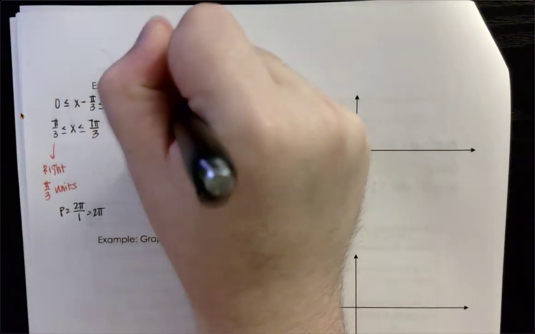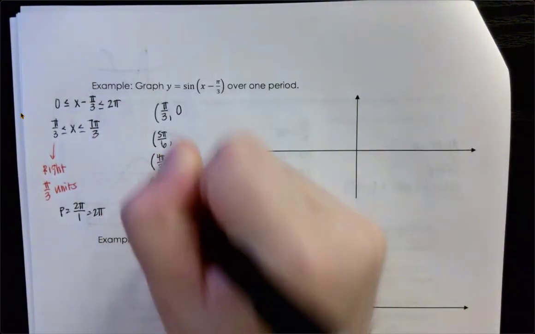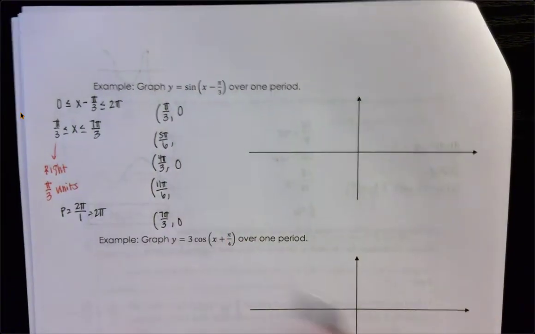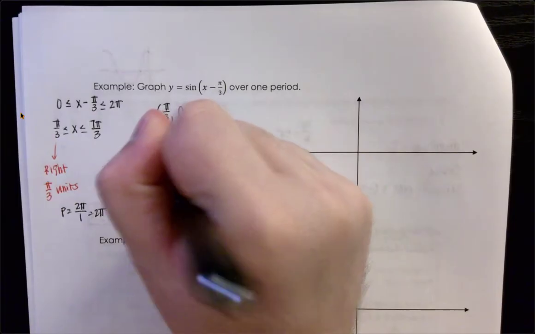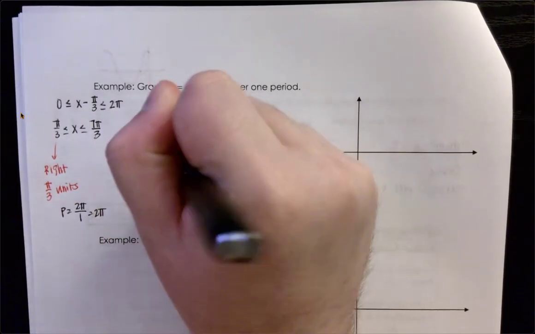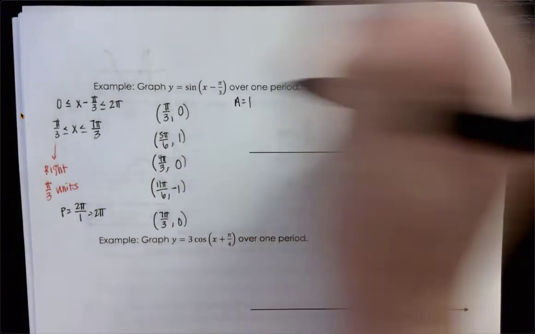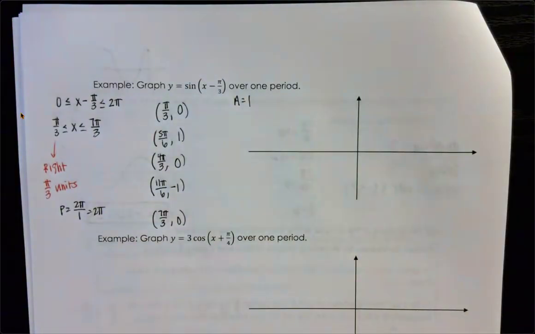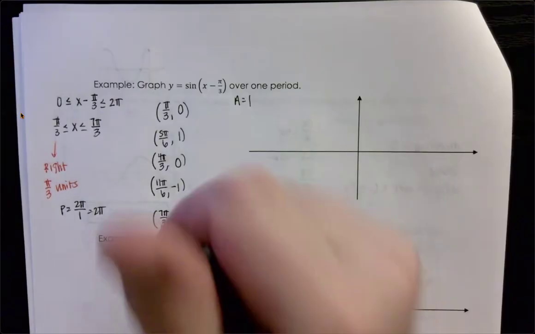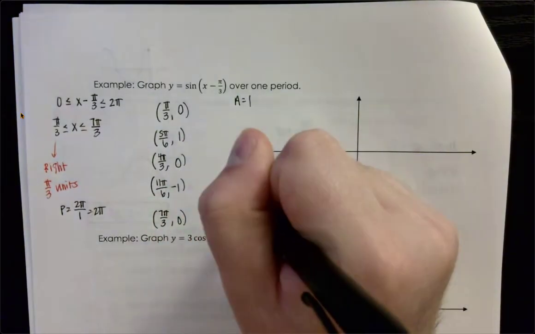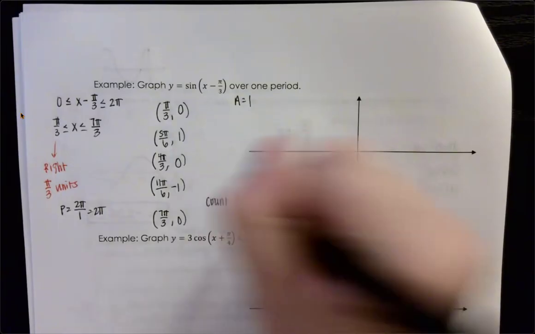Okay, sine starts at 0, ends at 0, halfway in between is 0, and the amplitude is just 1. So 1 and -1. Highest denominator is 6, so count by pi over 6.